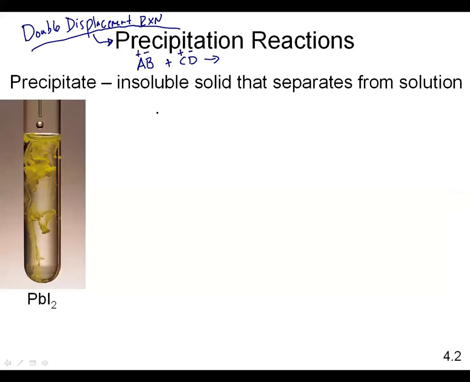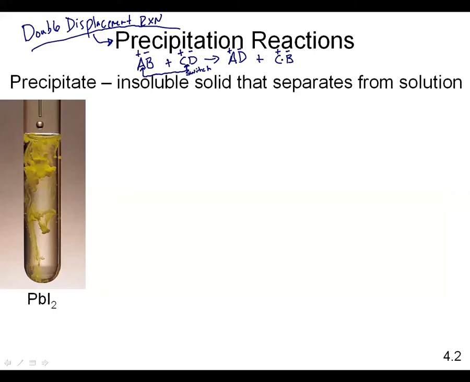So on the reactant side, you will see two ionic compounds, a positive and negative guy. And the classic thing that happens in a double displacement reaction is the two positive guys will switch partners. So A, which is positive, will end up with D, which is negative, to create a new ionic compound. And then our C, which is positive, will end up with B, which is negative, to create another new ionic compound.